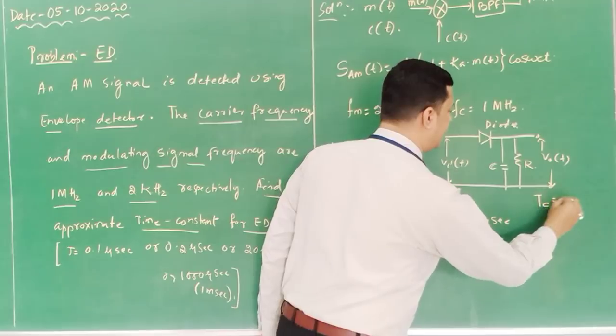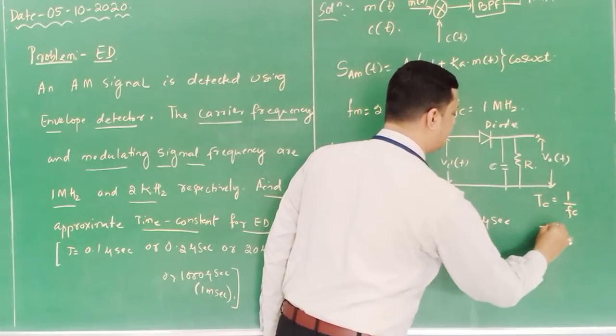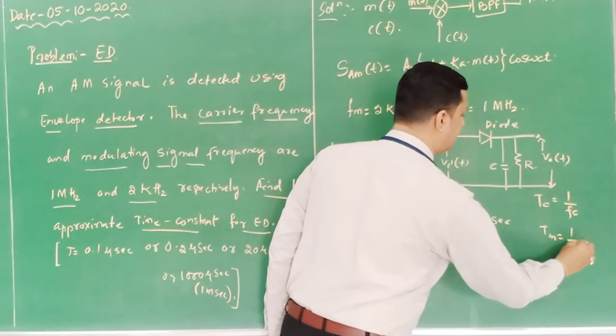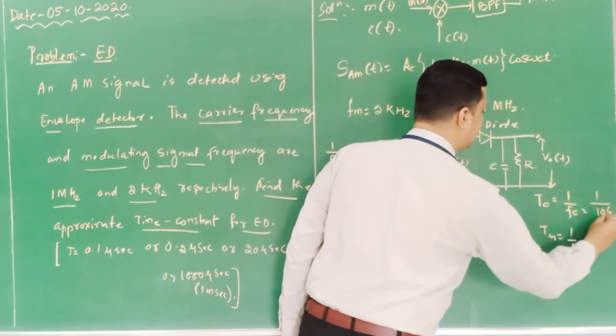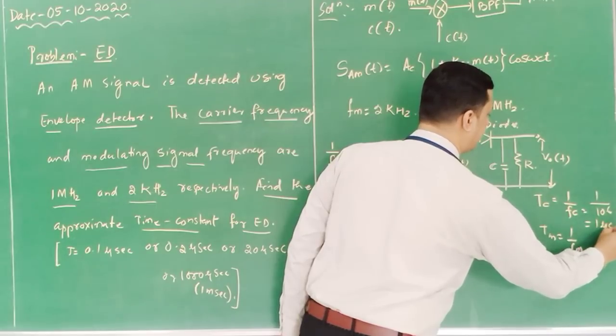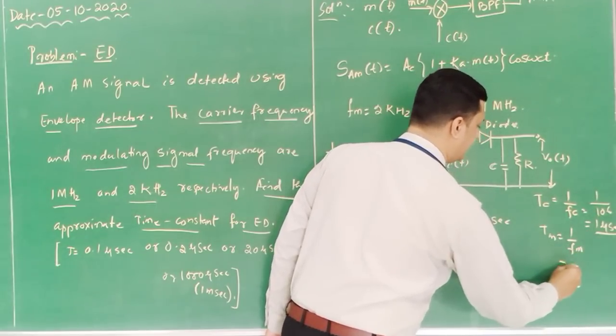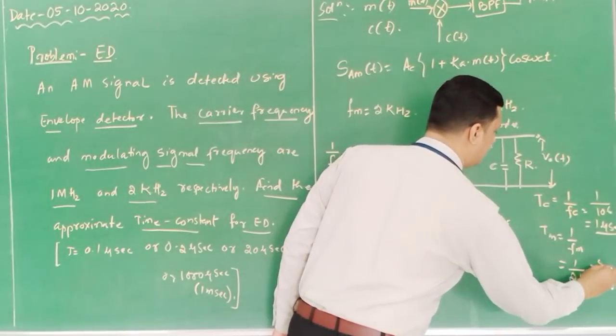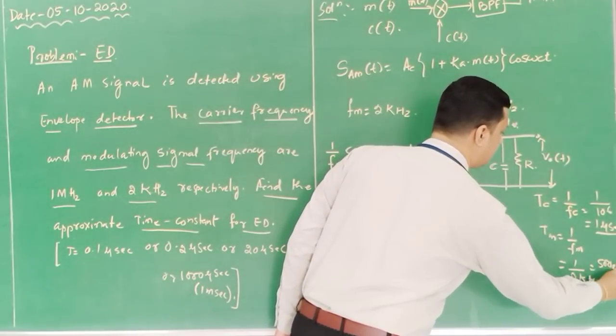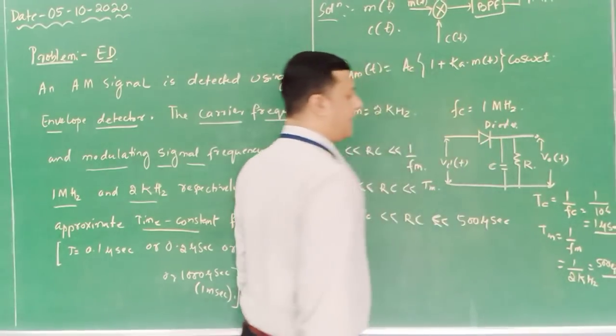So here I can write Tc is equal to 1 by Fc, Tm is equal to 1 by Fm. 1 by 10 to the power 6 gives 1 microsecond. Here it is 1 by 2 kilohertz. If I solve, I get 500 microsecond. So this is the time period.